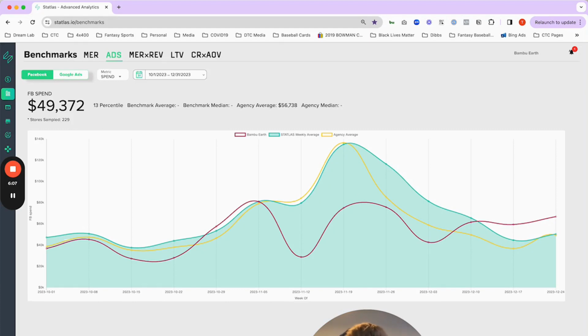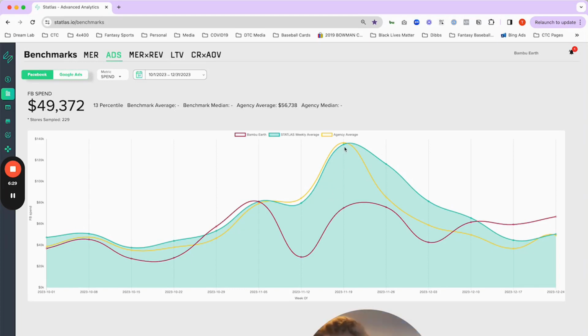And so one of the ways that we can take these narratives or hypotheses and use benchmarks to validate them is on a claim like that, where we can look at when spend substantially increased throughout the month. And you can see there is an increase in early November, and then there tends to be a dip in the second week. And then the week of Black Friday, Cyber Monday, it ramps back up again.